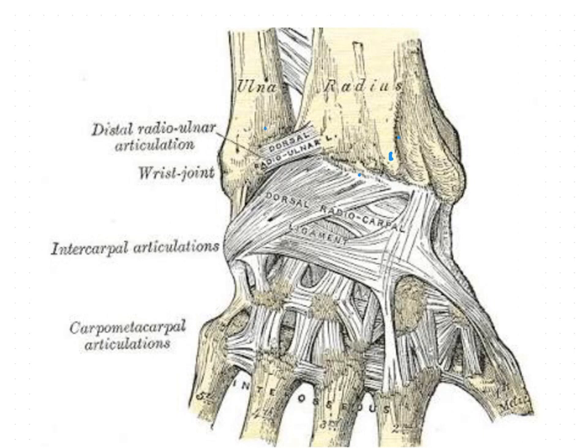So up to the metacarpals these ligaments are attached. So from carpals to radius and ulna proximally and distally from carpals to the metacarpals, these ligaments are going to attach. What ligaments? Extrinsic ligaments.